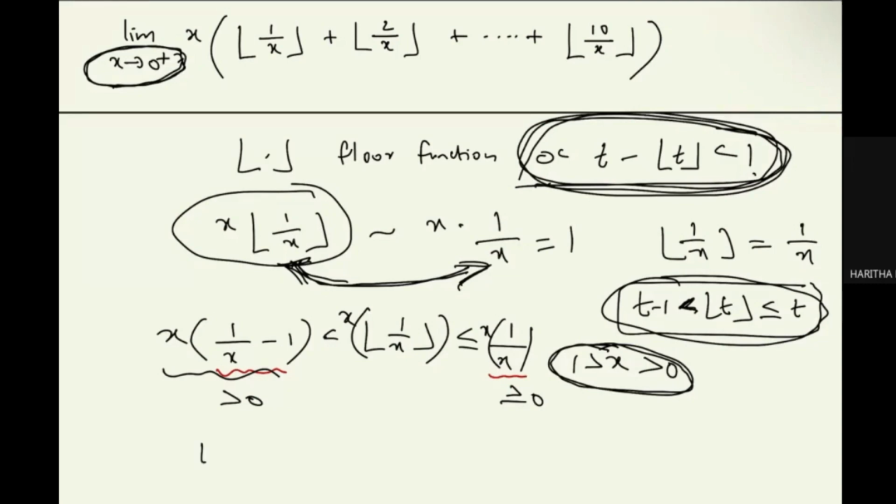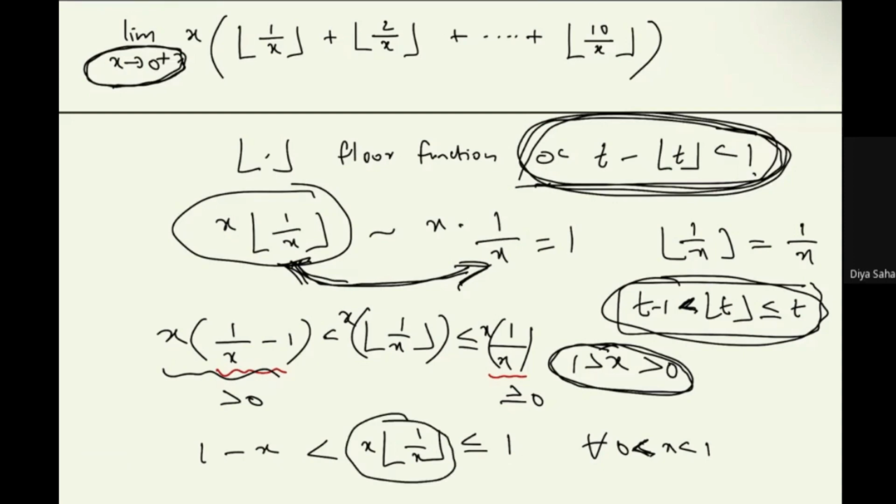So what you get is 1 minus x less than x times the floor function of 1 by x, which is less than or equal to 1, for all 0 less than x less than 1. We don't need to worry outside 0 and 1, because we are looking at the limit as x tends to 0 plus. Now, what will be the limit? 1.